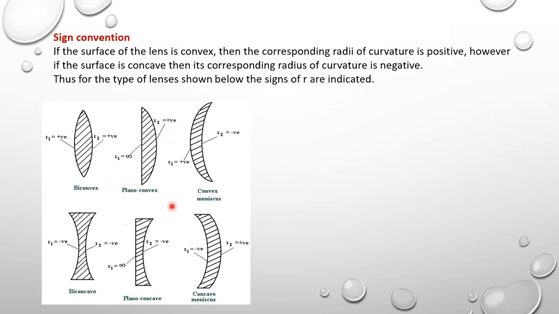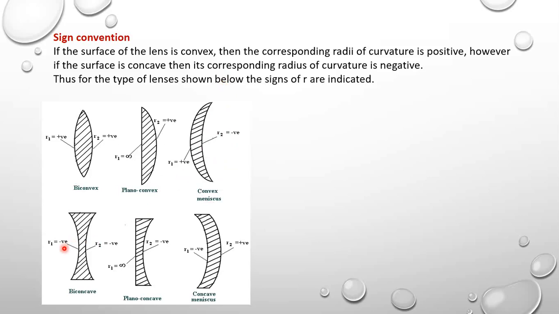Then for the convex meniscus or the converging meniscus, the convex side has a positive radius of curvature, and the concave side has a negative radius of curvature.